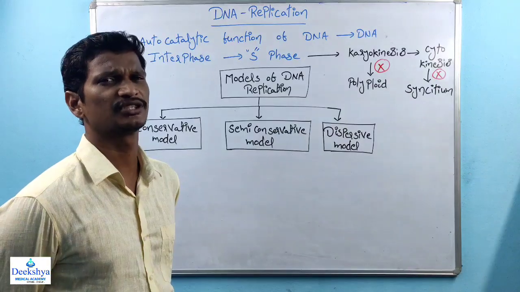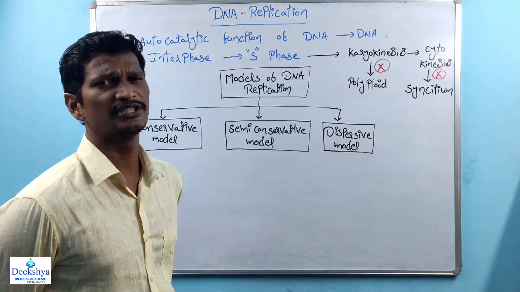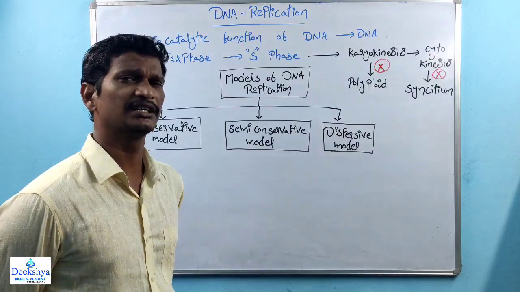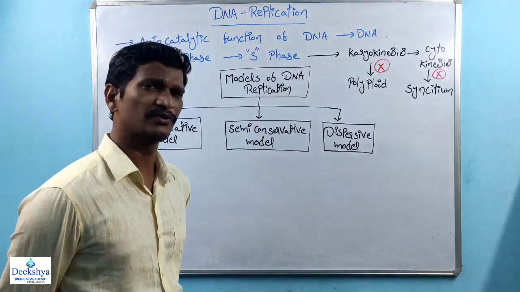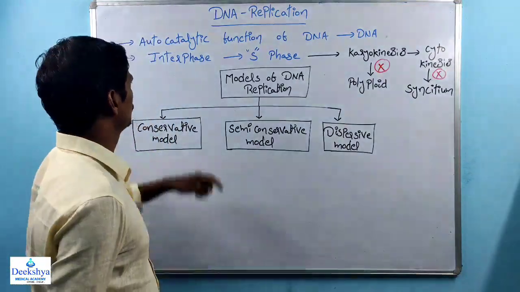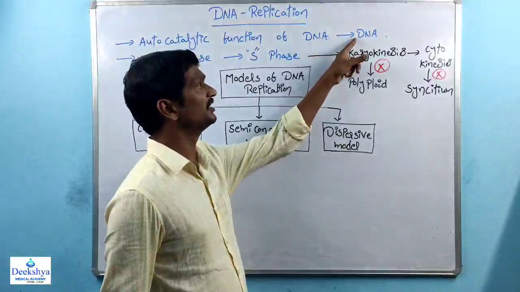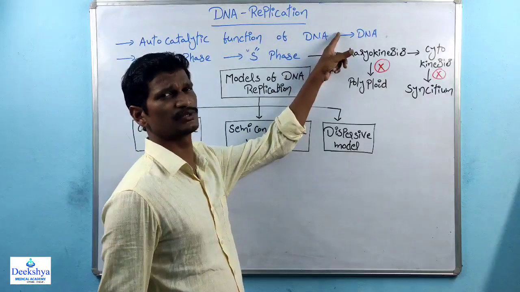DNA has the capacity to replicate by itself because a group of enzymes are involved in the DNA replication process. So self-replication is exhibited by DNA. This synthesis of DNA from DNA is called the DNA replication process.